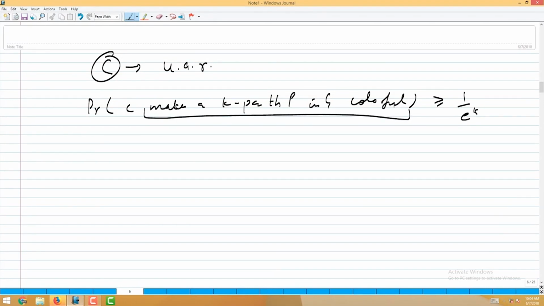So let me say C is good with probability at least 1 by e power k, and so C is bad with probability at most 1 minus 1 by e power k. And what we want is an algorithm which is bad with some constant probability. So we want to boost this probability up.